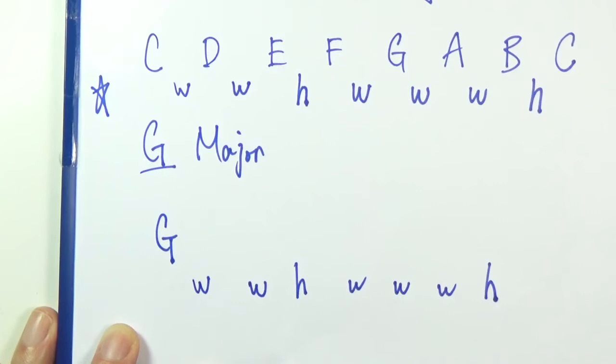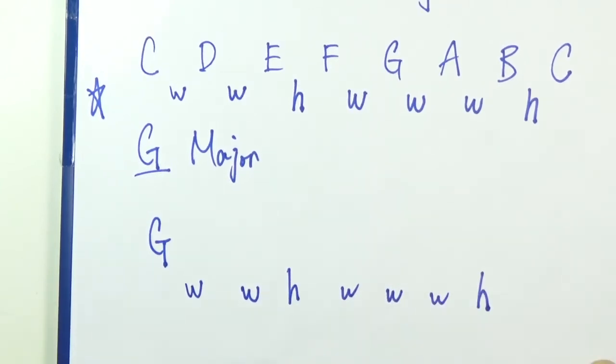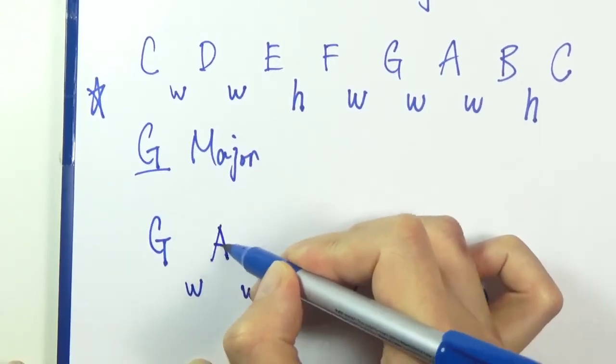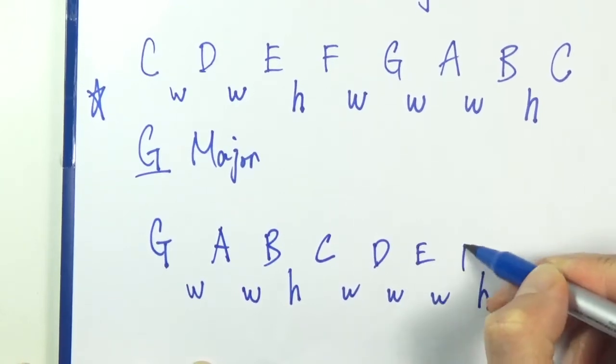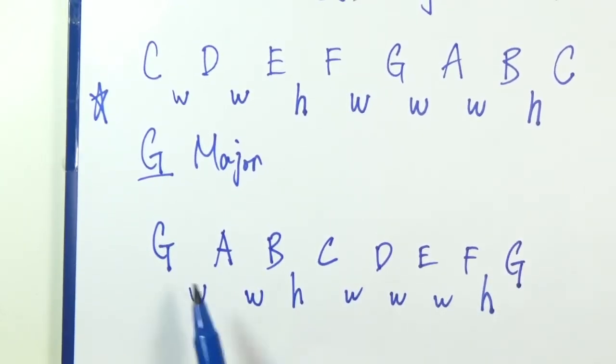So let's find the notes that would fit this pattern. G, A, B, C, D, E, F, and then G again. I'm basically just writing down all the naturally occurring notes first, and then I'll check the intervals.